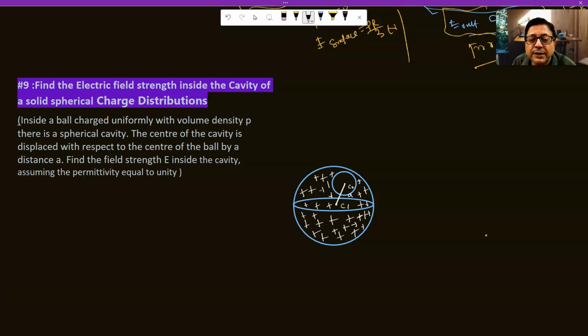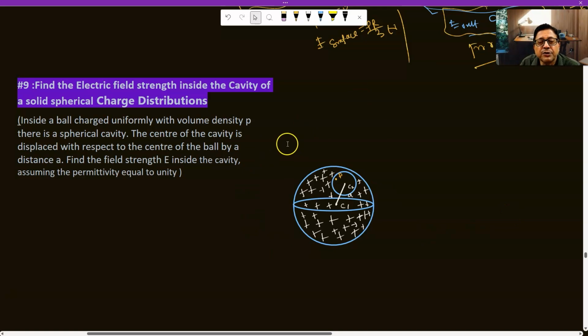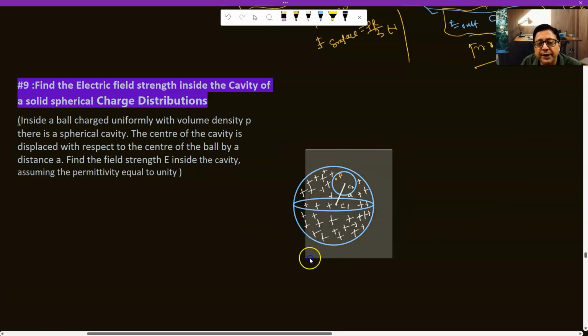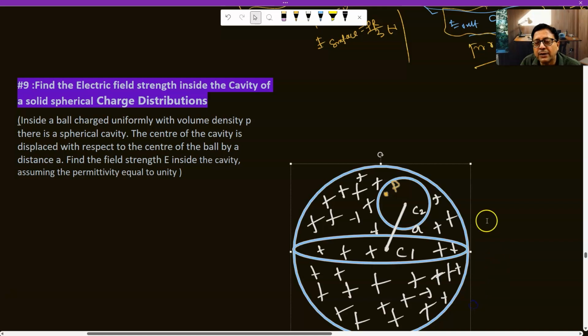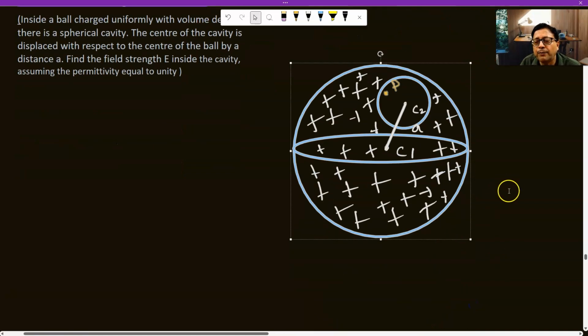So to find the strength of electric field at an arbitrary point inside the cavity, let that point be P. Go by the superposition principle. What is that principle? Remember it, I hope.